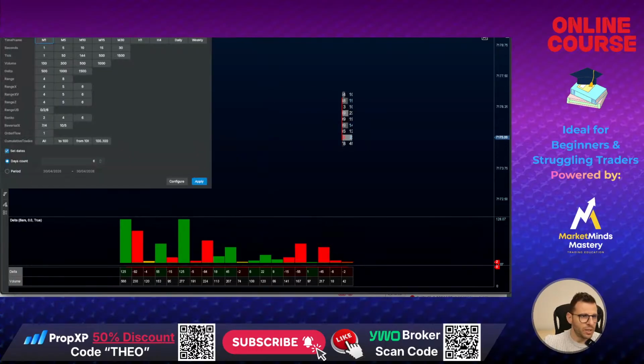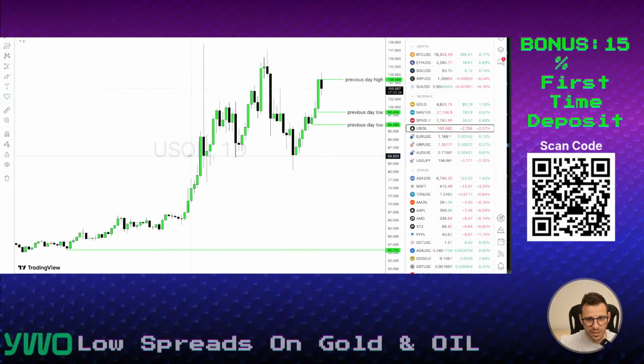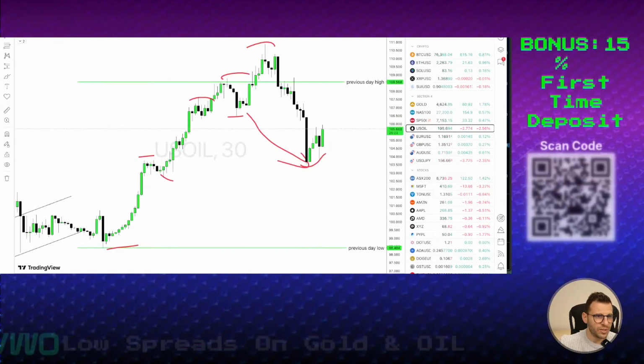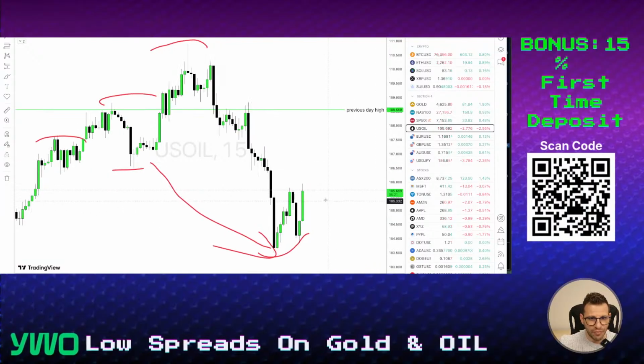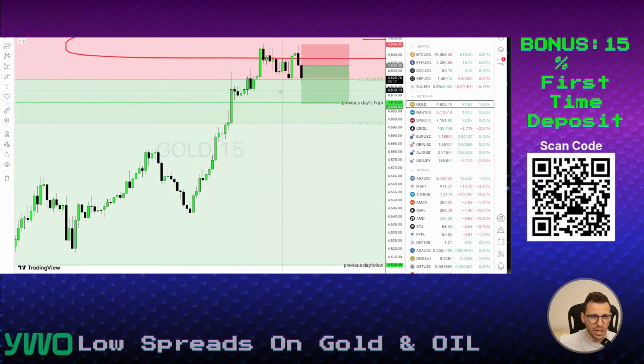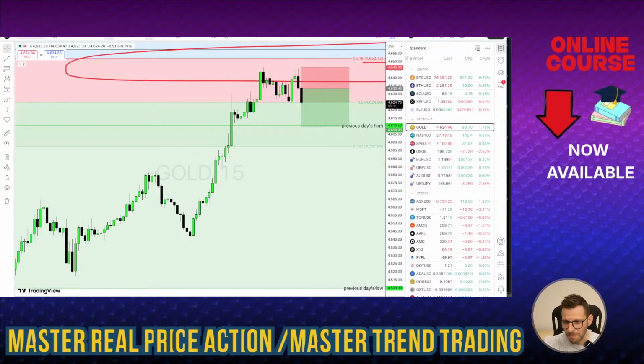What I'm actually expecting is really to spot some weakness on the 15-minute chart. Here on the gold, bearish engulfing, I want to see the continuation to the downside.